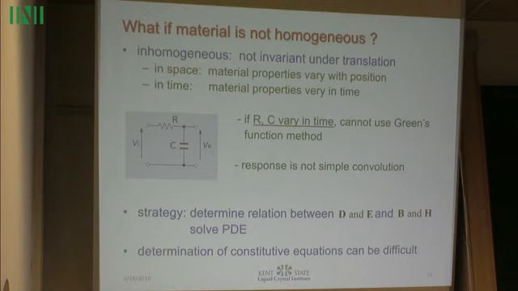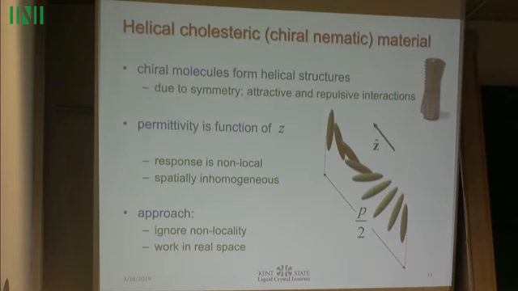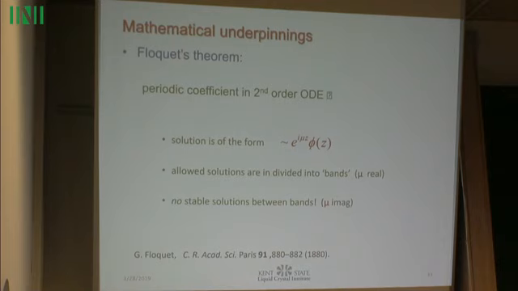So we just have to forge ahead carefully. The idea is that the permittivity is a function of position, and we just need to try to ignore non-locality and work in real space. That's what I want to do, and it's fairly straightforward.